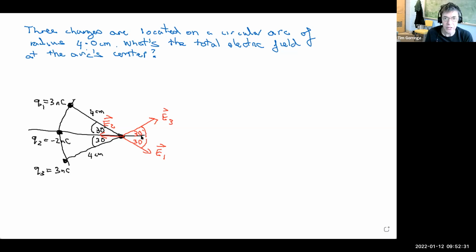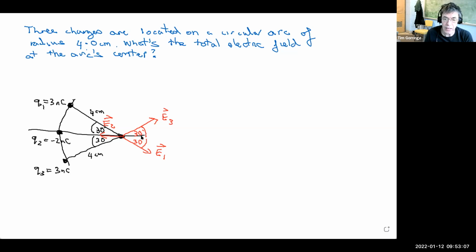In the y direction it is very interesting. Firstly, there is no y component of E2, because it lies along the horizontal axis. Now, E1 and E3 do have y components, but because of the symmetry of how they're arranged, the y component of E3 upwards is exactly balanced by the y component of E1 downwards.